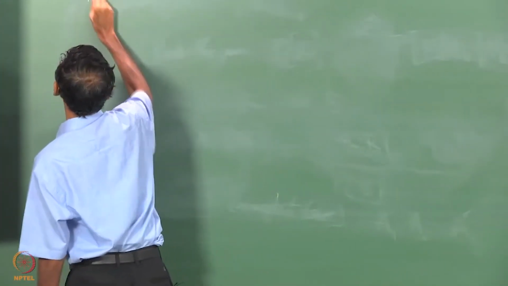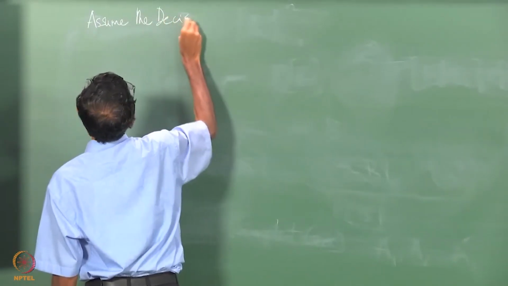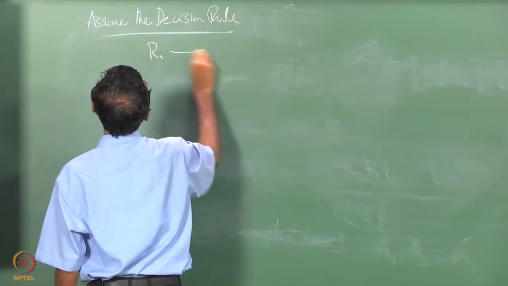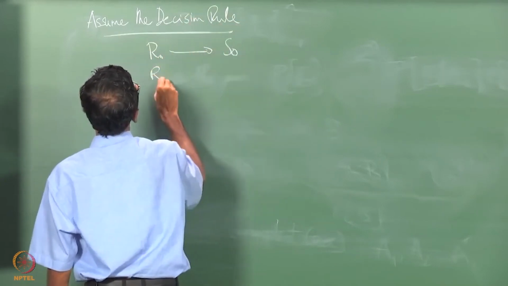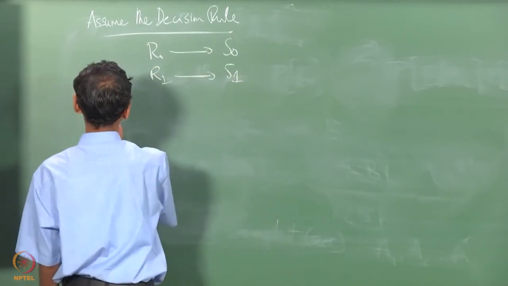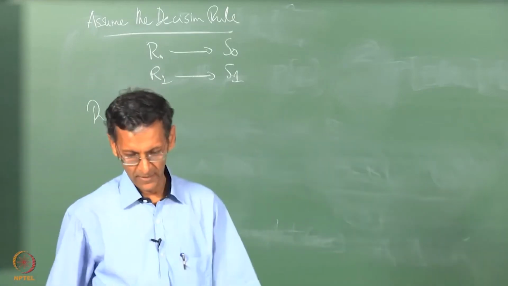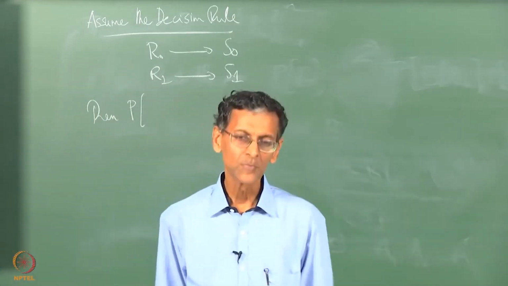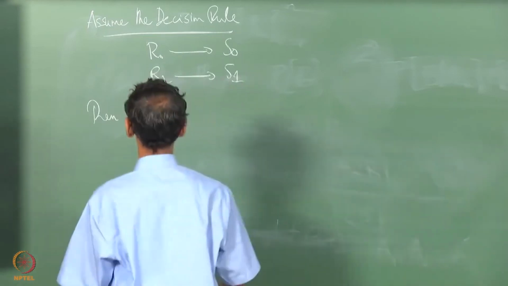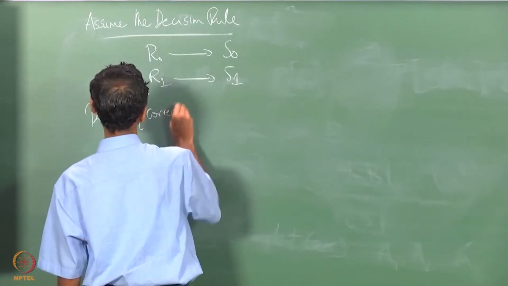Then you are interested in making a correct decision, the probability of correct decision for this particular decision rule.